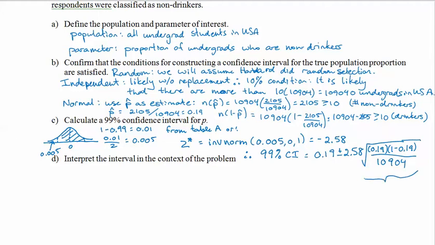So this is our standard error of our statistic. The 2.58 is our critical value. And the 0.19 is our point estimate.